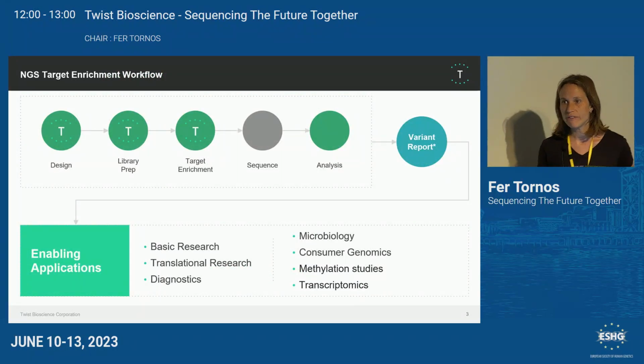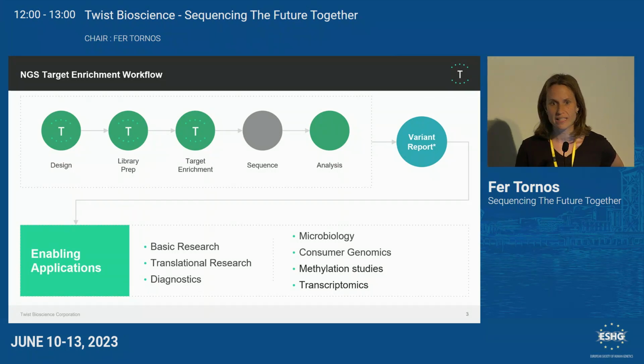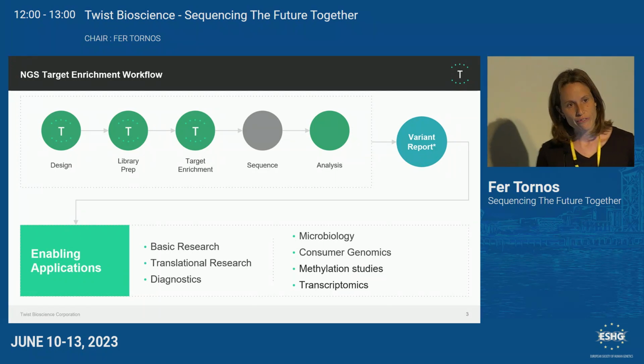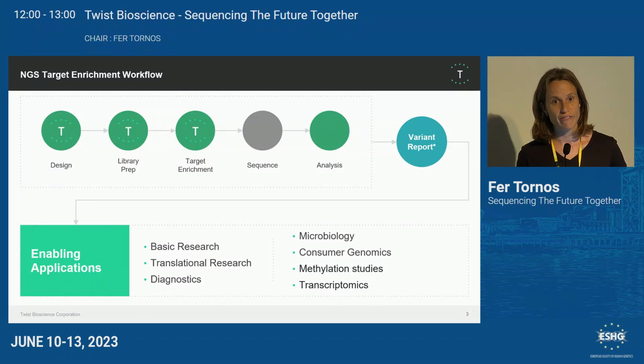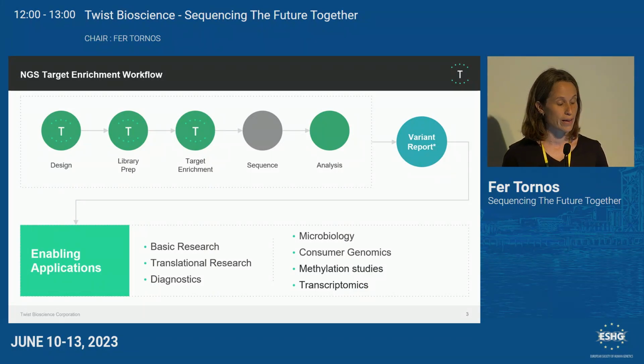Well, around 5 years ago, we realized that we could use our technology to design and synthesize oligo probe panels to use in enrichment workflows. We first began with this, but then we developed workflows, both library prep and target enrichment workflows, that will enhance our oligo panels to get the best out of them.